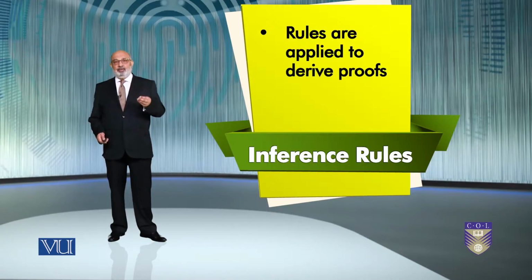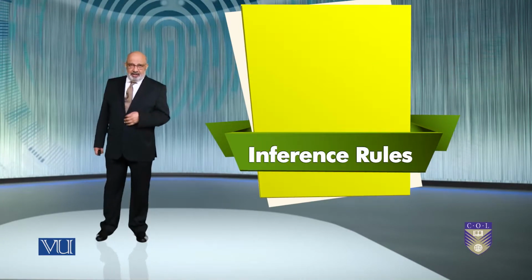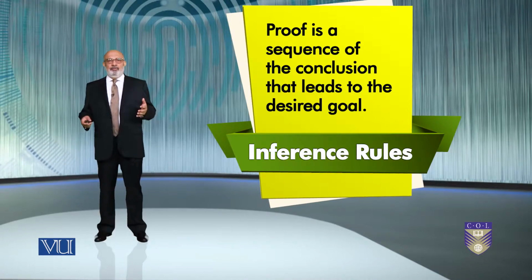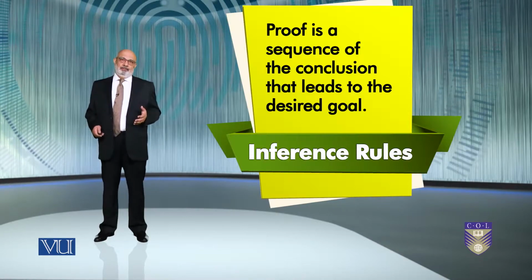These rules are applied to derive proofs in artificial intelligence, and the proof itself is like a sequence of conclusions that leads to a desired goal, right? A sequence. Remember, we spoke about, let's say, search. There is a sequence of steps that you take to get to the goal, and likewise here.